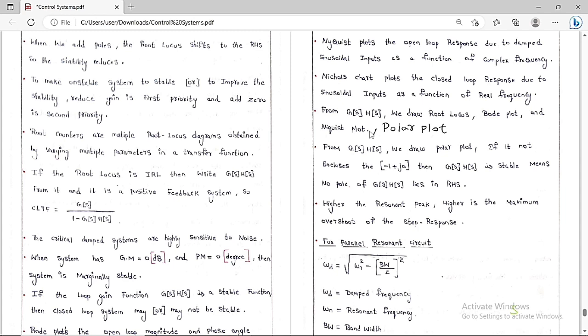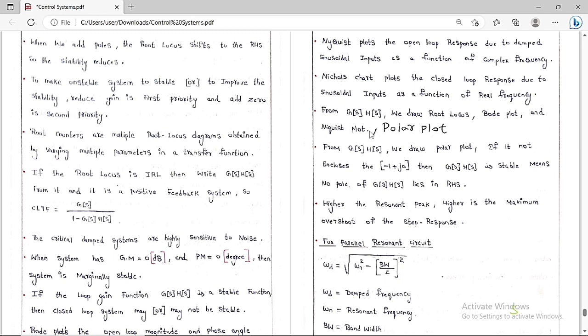So therefore finally I can say, from the open loop transfer function G(s)H(s), we are going to draw the polar plot. And if this polar plot is not going to enclose the point minus 1 plus j0, then definitely we can say the open loop transfer function G(s)H(s) is stable. It indicates that no pole of G(s)H(s) is going to lie in the right half of the S plane.